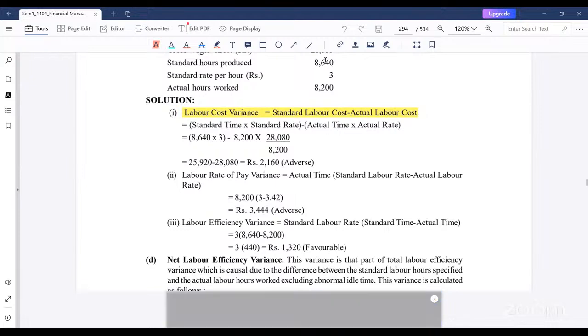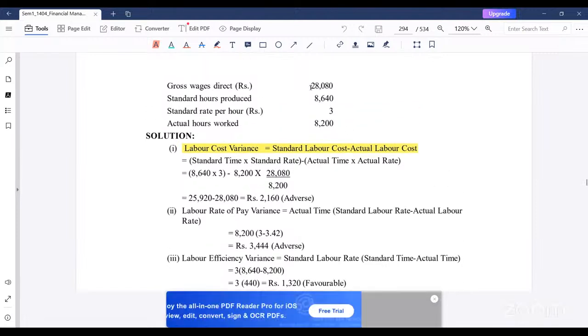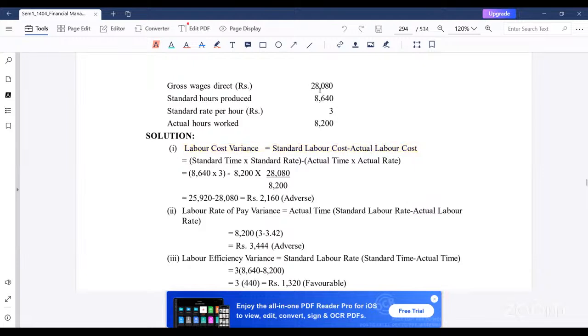So standard time is 8,640 hours and the rate is 3 rupees. But actual time is 8,200. Do we know the rate? No. What I said is, what are the gross wages they are receiving? 28,080.